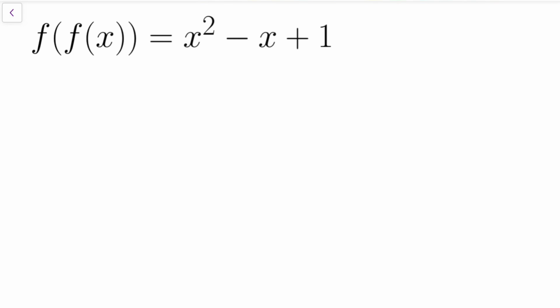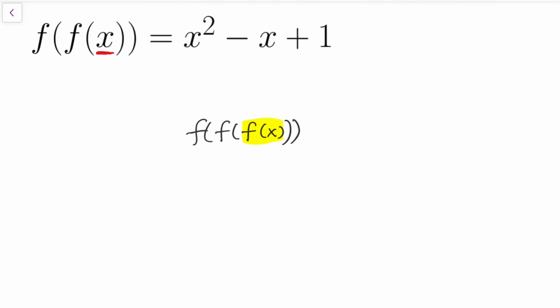This problem can be solved with just one very simple trick. We only have to consider f of f of x. I can express this expression in two different ways. First, by focusing on the innermost part of f of f of x, from the original equation it's just like replacing this x by f of x.